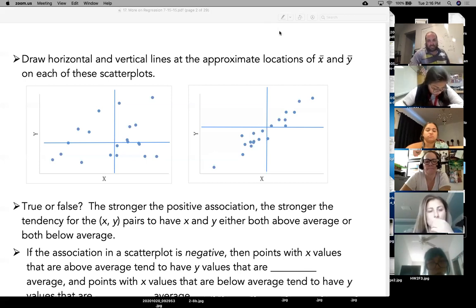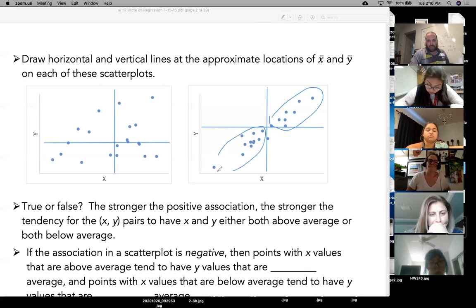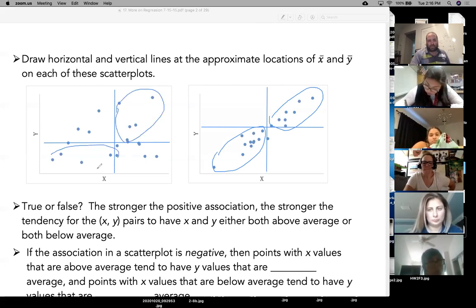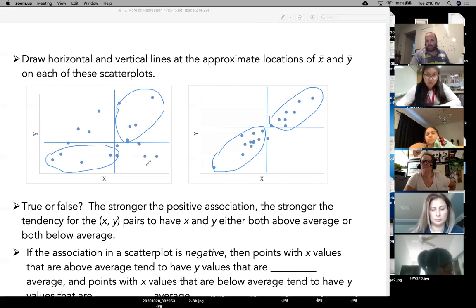So we expect to have lots of them in the upper right and the lower left. Do we have that? Yeah. Okay. So that makes sense, right? In this case, it's not as correlated. So when I look at the upper right and the bottom left, I have a lot, but I still have lots of stragglers in the other two.